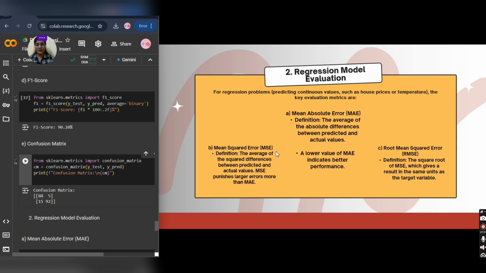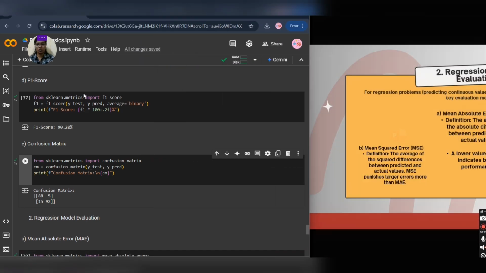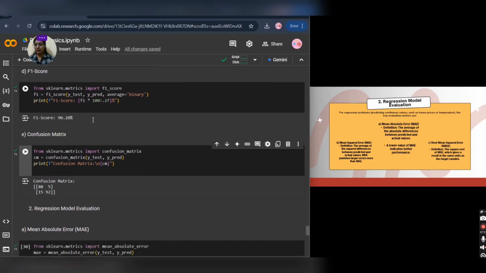Now, mean squared error, MSE. It is defined as the average of the squared differences between predicted and actual values. MSE punishes larger errors more than MAE. Root mean squared error is the square root of MSE, which gives a result in the same unit as the target variable. Now let us try running codes for these three metrics.